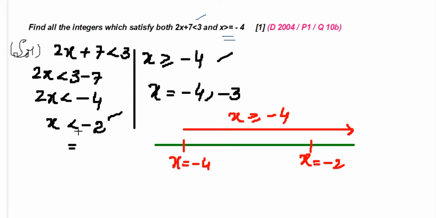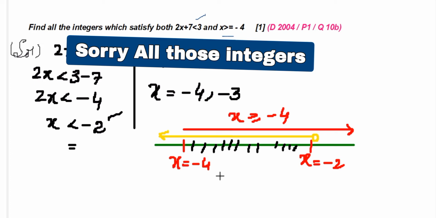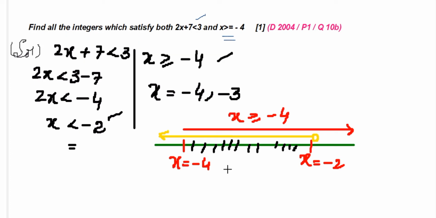Now this shows all those numbers which are less than minus 2, so the direction will be on the left side like this. But minus 2 is not included. Now the common area between both inequalities is this. So in this region, all those numbers that satisfy both inequalities are minus 4 and minus 3. These are the two numbers.